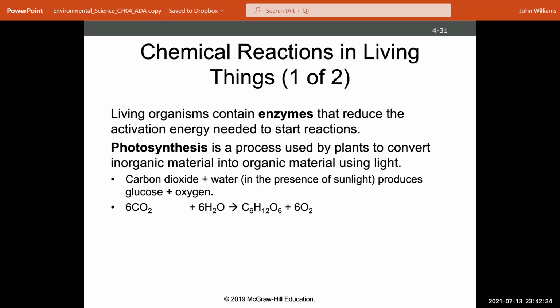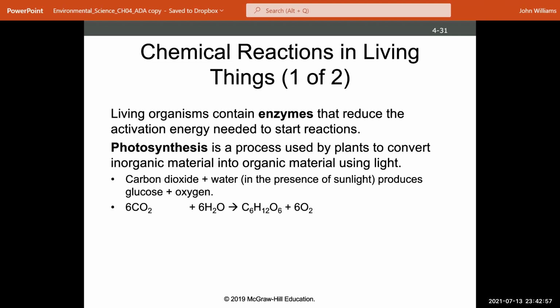And so they take energy in the sunlight and carbon dioxide and convert that into an organic compound, which is glucose. And then that glucose can be stored in plants as starch, which they will then use for their energetic needs in their cellular processes.